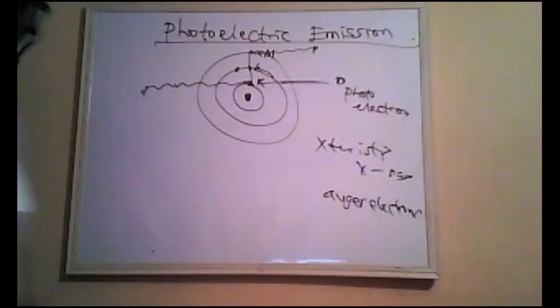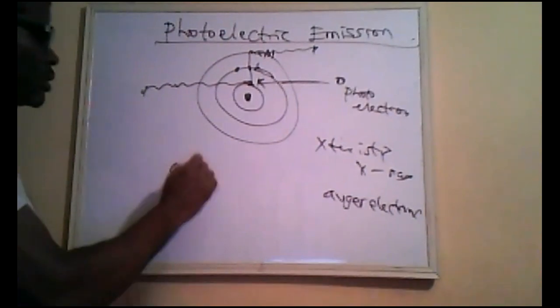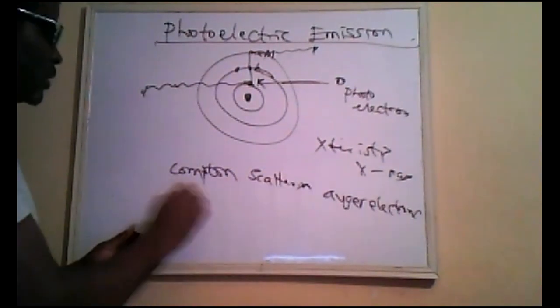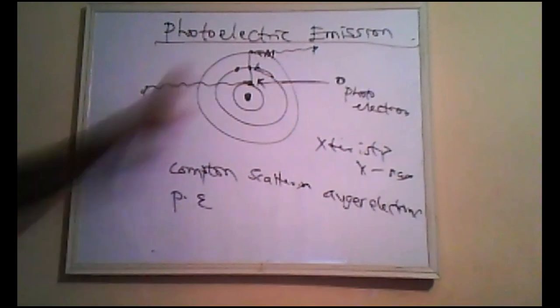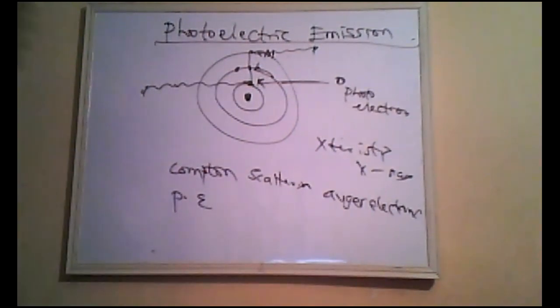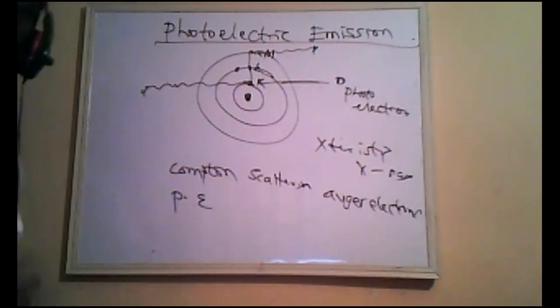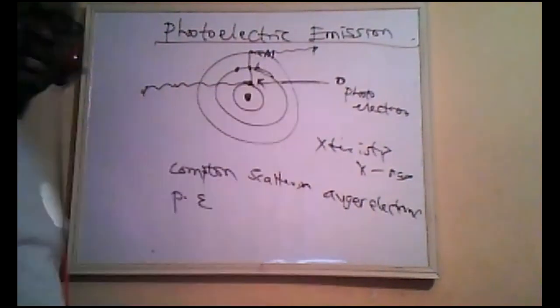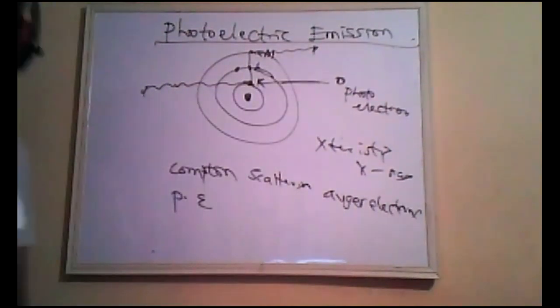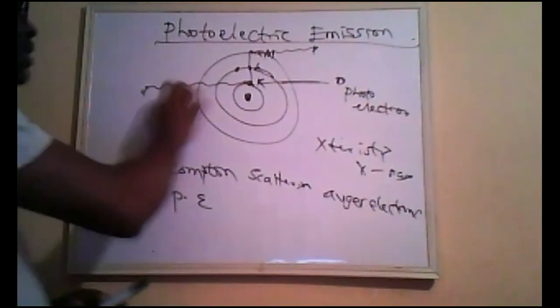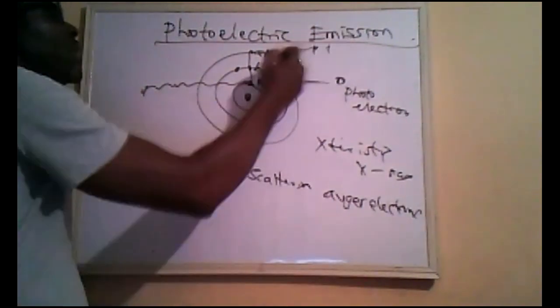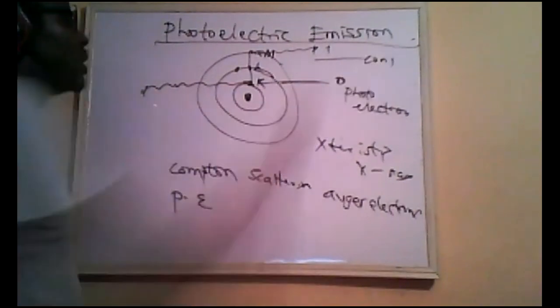Essentially, there are some things we need to note between Compton scattering and photoelectric emission. In Compton scattering, the photon's energy is not totally absorbed by the electron. Just a part of it is absorbed by the electron, and the rest is taken over by another photon that appears with a lower energy. The energy is just shared between the new photon and the Compton electron ejected.